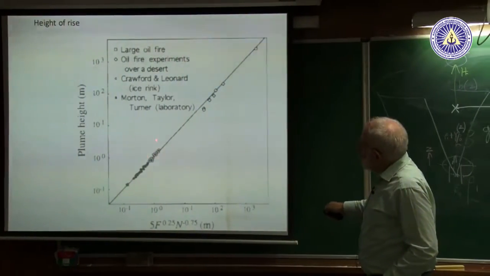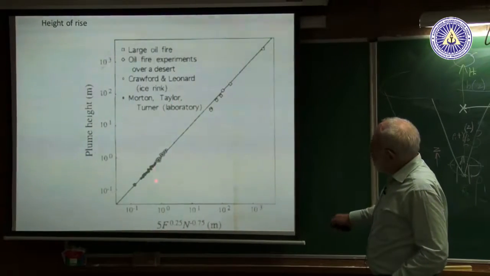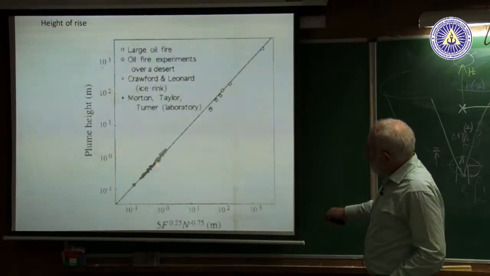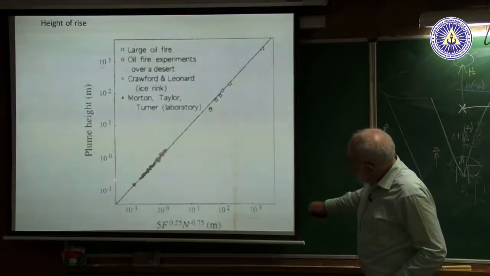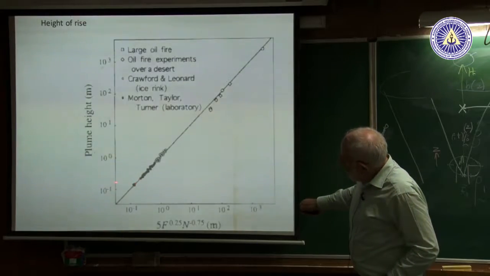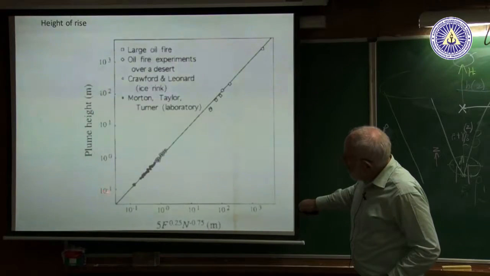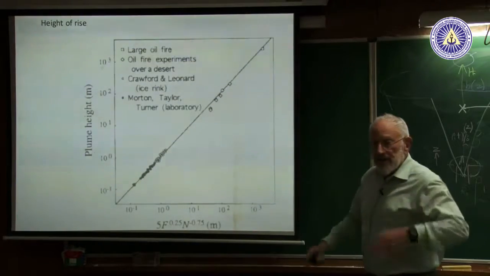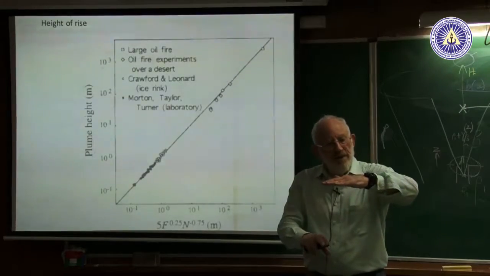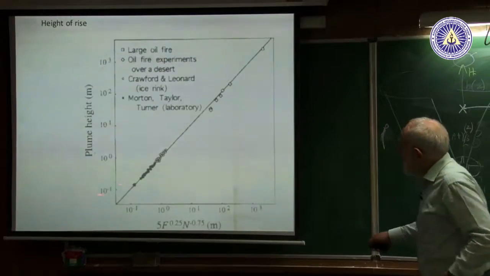And Stewart, who did the experiments, covered this range here. So what you see is the height of rise is something like 20 centimeters. This is a tenth of a meter, and something like 20 centimeters, something like 6 inches as I like to say.